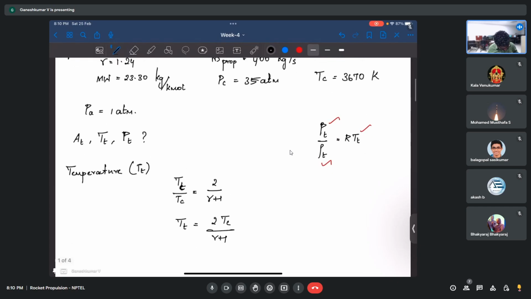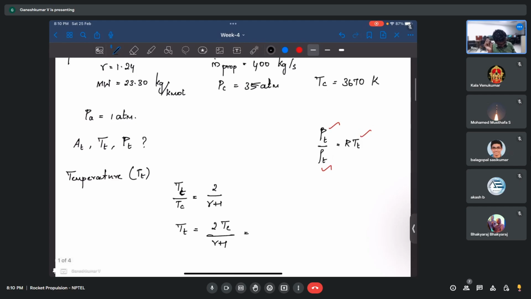You need to think about one thing: will the temperature decrease or increase at the throat? I have a higher temperature at the chamber. So at the throat, increase or decrease? Temperature will keep on falling.